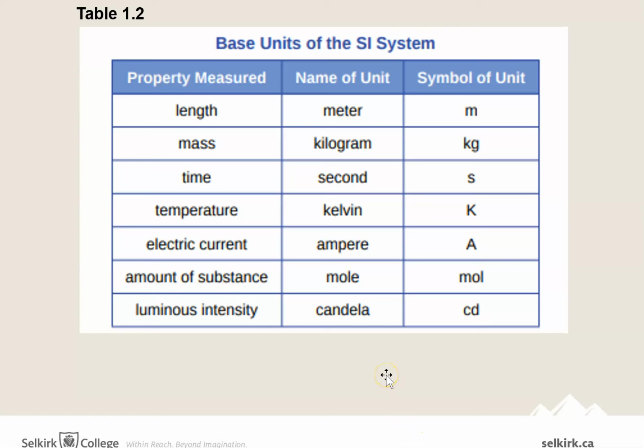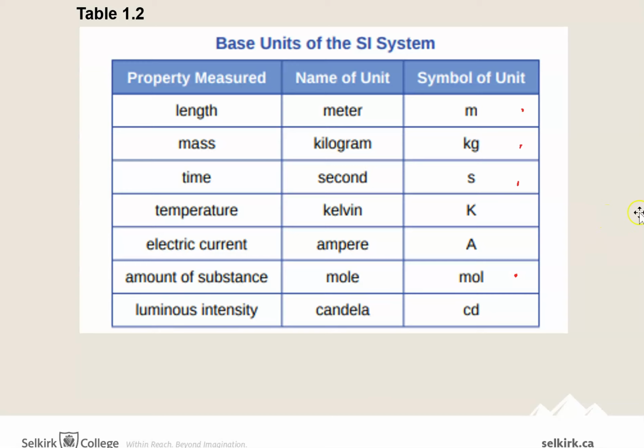Here is a table of SI units, and I think that you know 4 of these. I think you are fluent with meters, kilograms, seconds, and moles. Temperature in Kelvin we'll look at later in the course. Amperes and candelas we won't need in this course at all.